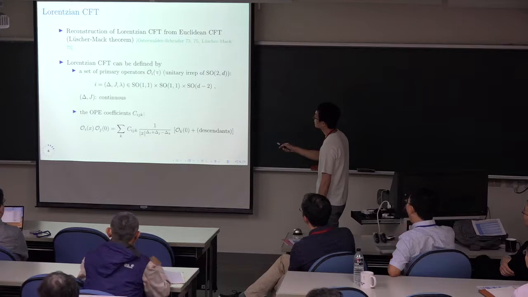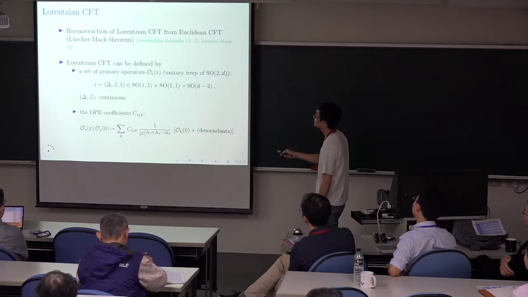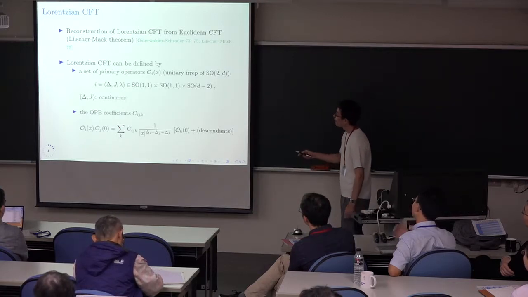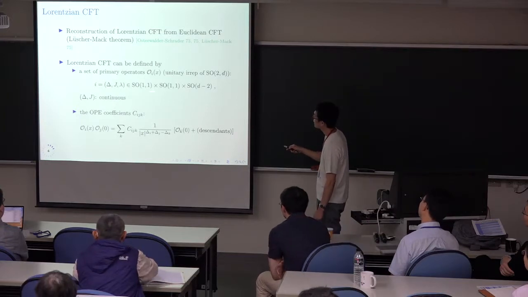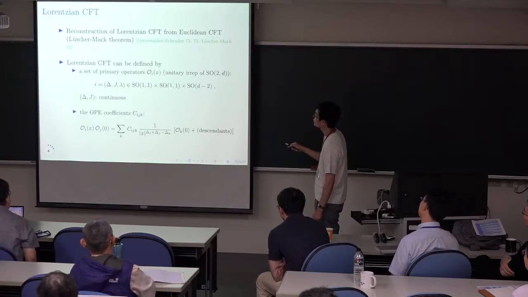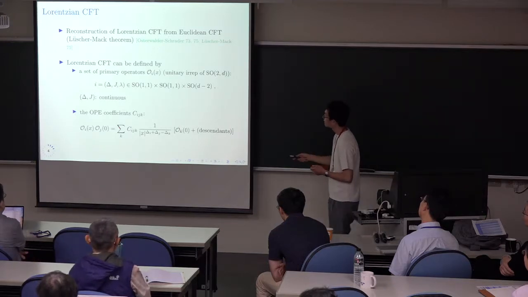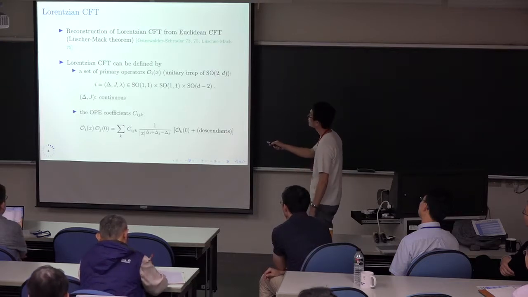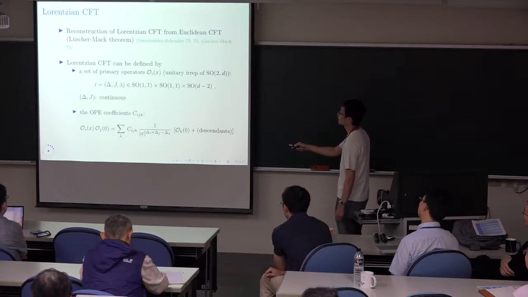The primary operators are labeled by Δ, J and λ. Δ corresponds to the conformal dimension. And J is supposed to be spin, but now J is a representation of SO(1,1), so J can be continuous in this case. Previously, Δ was also a label for the representation of SO(1,1), so Δ is of course naturally continuous.